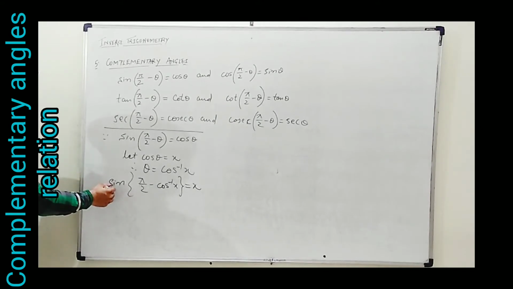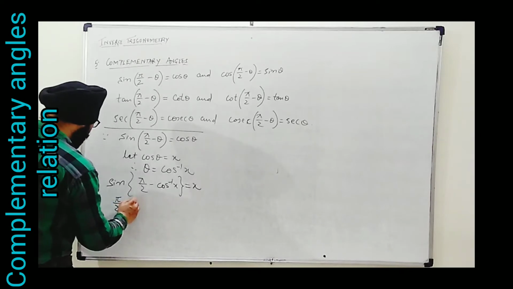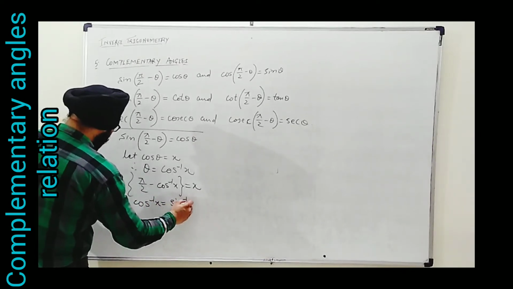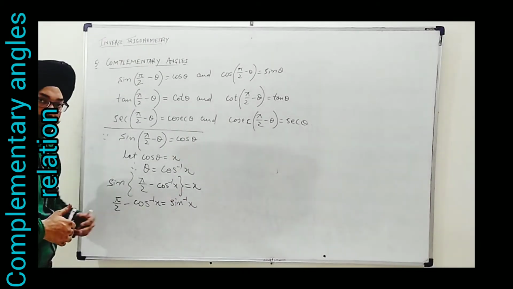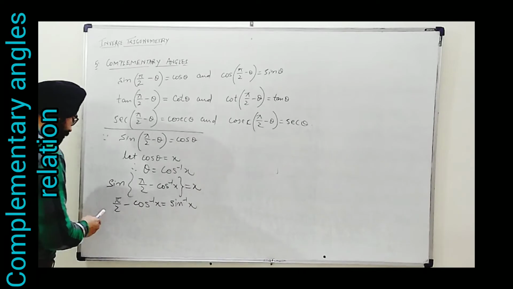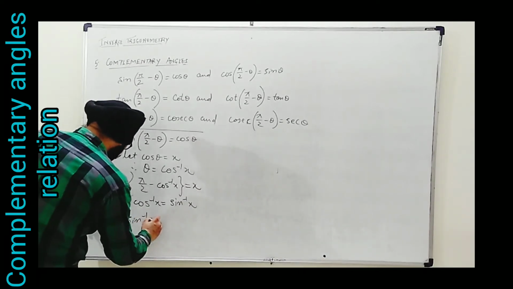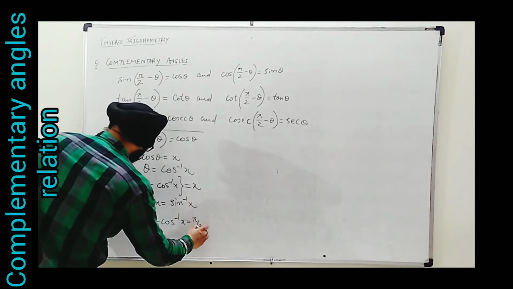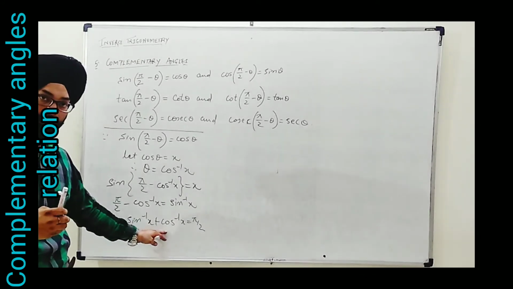Now by the same procedure, when sin inverse is taken on both sides, we have pi by 2 minus cos inverse x equal to sin inverse x. Rearranging these two, this will become sin inverse x plus cos inverse x equal to pi by 2.